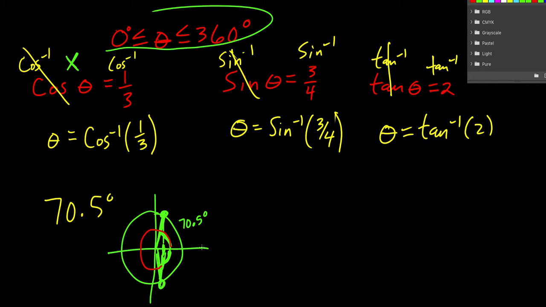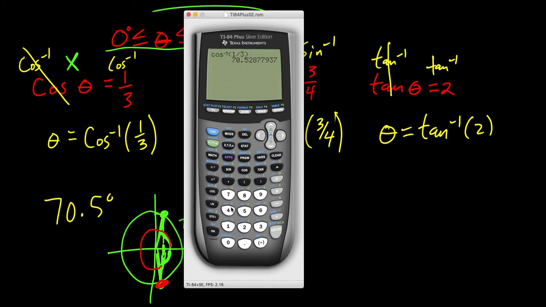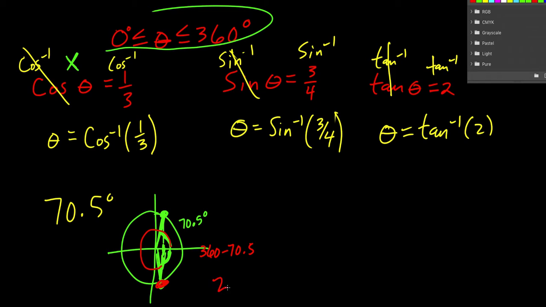And so what we're going to do is we're going to take 360, and we're going to subtract 70.5, and that's going to tell us this point. So if we just say 360 minus our previous answer, we get 289, and that's 3 significant figures, so we'll leave it there. 289 degrees.